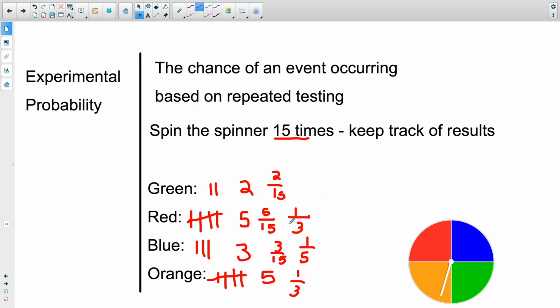So green 2 out of 15, red 1 out of 3, blue 1 out of 5, and orange 1 out of 3. If I said which one of these is closest to the actual theoretical, well, out of 15 times, 15 is not a very good number. If it was 16 times, I would expect each one to be 4.